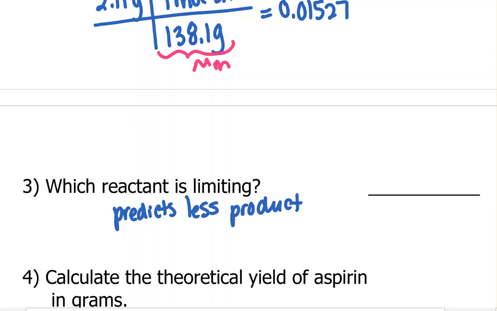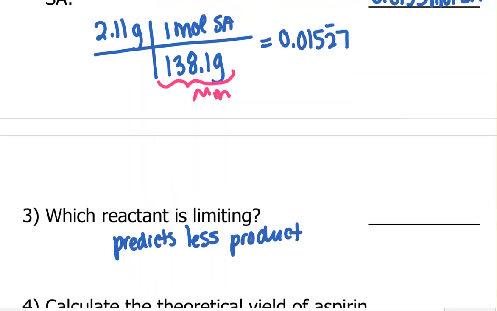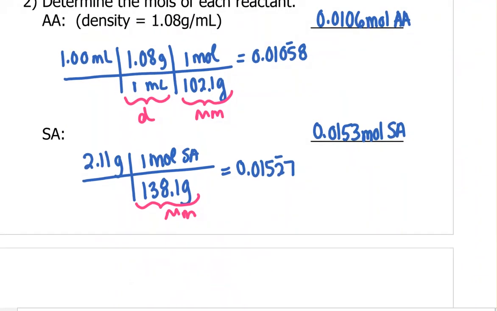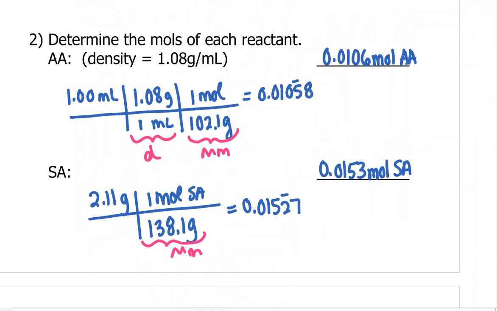But this is a pretty simple one, so we can just look at these amounts of reactants and predict how much product they would give. In other words, how many moles of aspirin would that much acetic anhydride make if it all reacted?